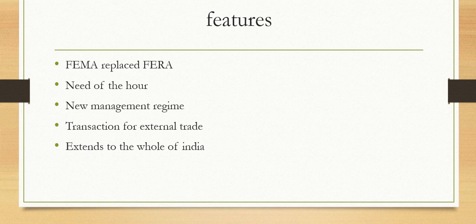Third, a new management regime. FEMA has brought a new management regime of foreign exchange consistent with the emerging framework along with the World Trade Organization. Then, transactions for external trade. FEMA served to make transactions for external trade, that is exports and imports, much easier, and it extends to the whole of India.